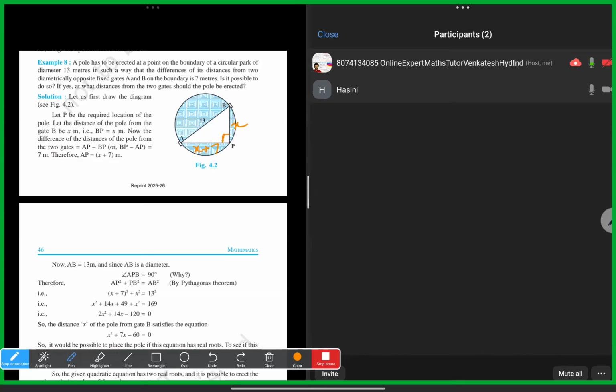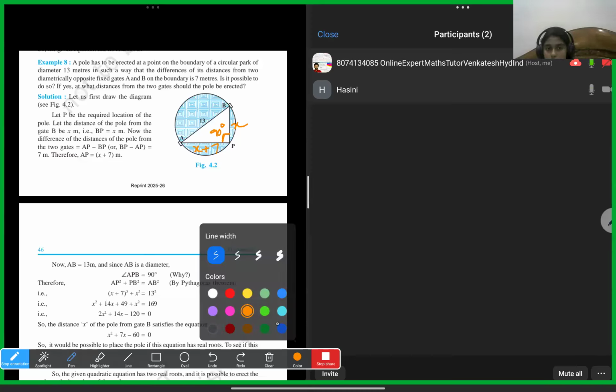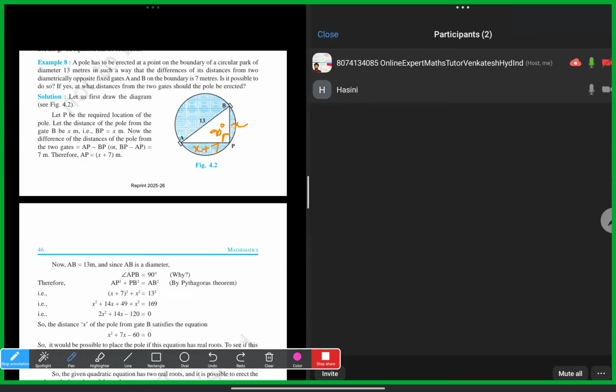So this angle will be 90 degrees. Why? Because it is the angle in a semicircle. They need not give that; we can directly use it. It is an angle in a semicircle because it is formed by joining the endpoints of the diameter to any point P on the circle.